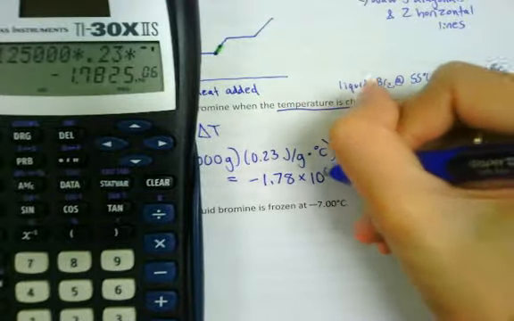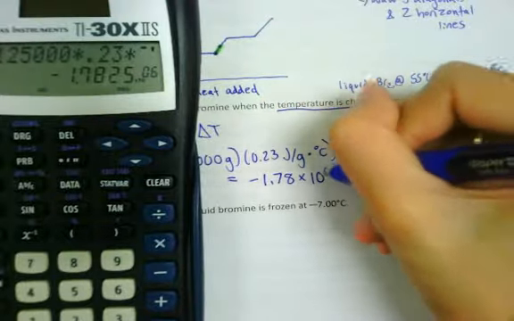Cool. And the next piece of this problem asks us to determine the energy change when that same amount of liquid bromine freezes at -7 degrees Celsius. So do we need another MCAT here, y'all? No, we do not. Because what is freezing, y'all? It's a phase change.